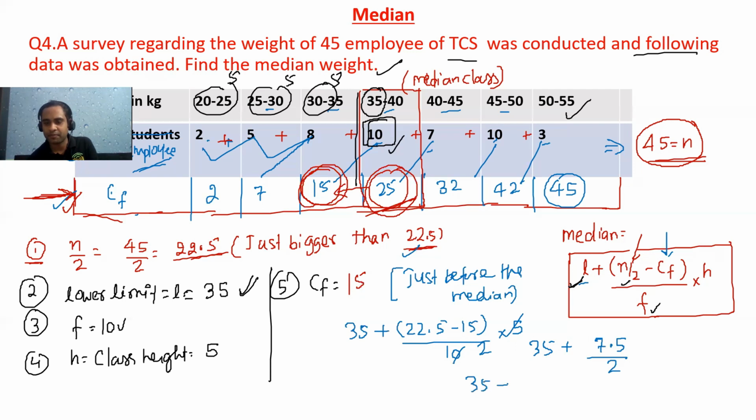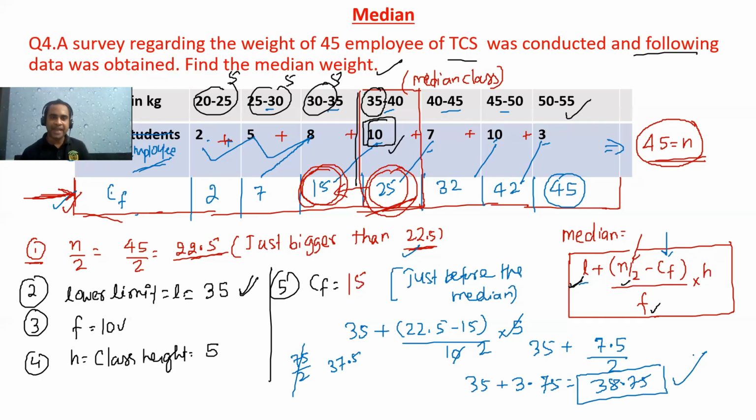So 35 plus 3.75. So 38.75 will be nothing but the median weight for this particular question.